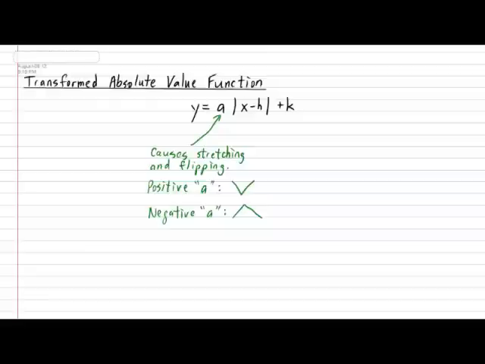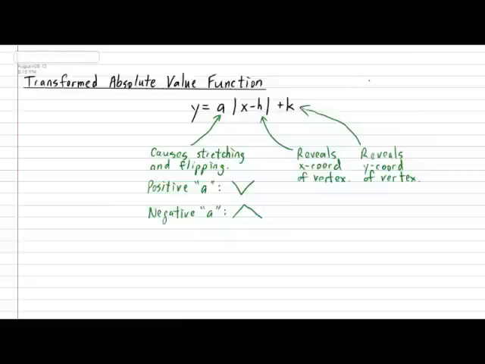You'd be correct if you guessed that h reveals the x-coordinate of the vertex and k reveals the y-coordinate of the vertex. Let's get this information about the vertex down immediately. So the vertex is revealed by the coordinate h and k.